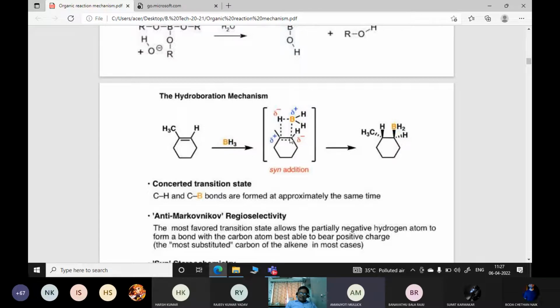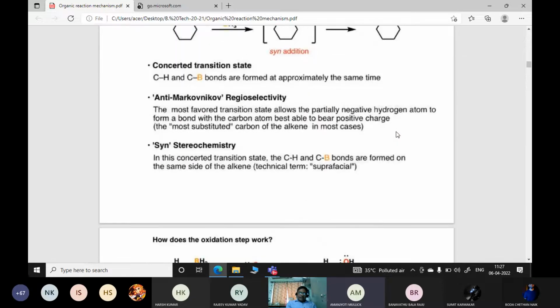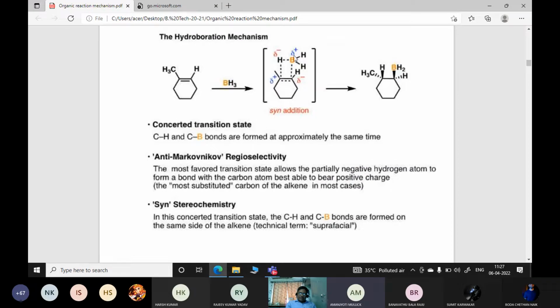When bond breaking and bond making occur, one hydride is attached to the carbon which contains the least hydrogen, here the one with more hydrogen, and the other attaches to BH2. So it follows the anti-Markovnikov rule. This is known as the concerted transition state, and in this state the CH and CB bonds are formed at approximately the same time, simultaneously.